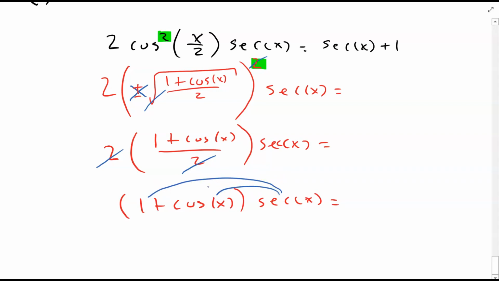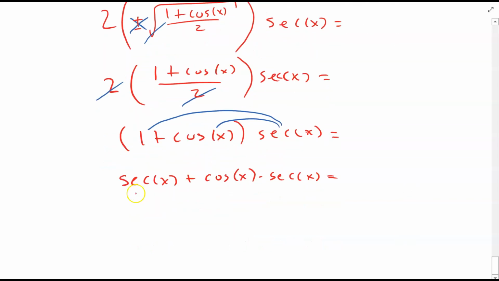I would do this, because look at where we're trying to get to. And why is that a great thing? Secant is just 1 over cosine.